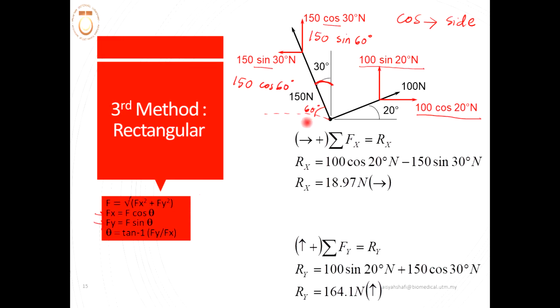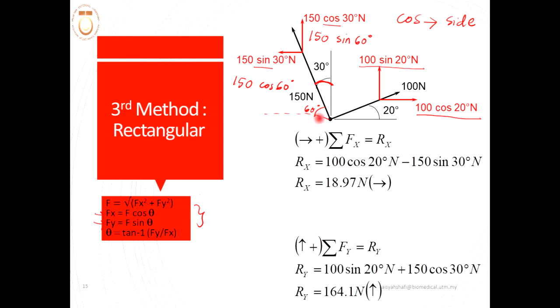But you need to make sure that if you want to use this formula, cos theta for Fx and sin theta for Fy, the angle should be from the x-axis. If like this, you need to get the angle at the x-axis.